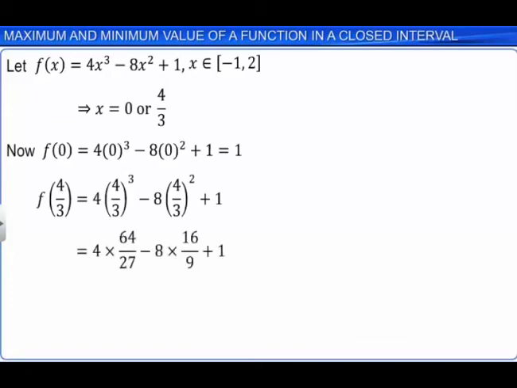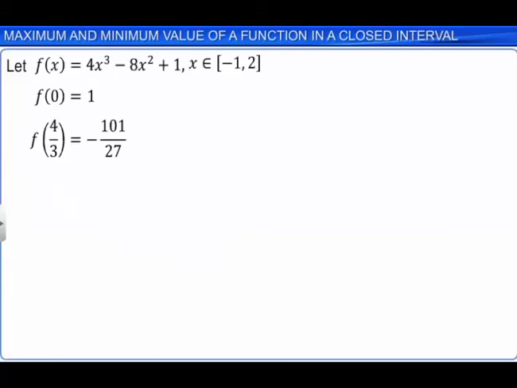Also, we find the value of the function at the endpoints of the interval. We get f of minus 1 is equal to minus 11 and f of 2 is equal to 1.